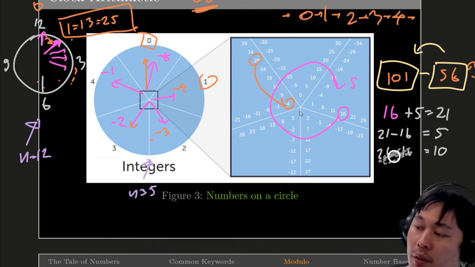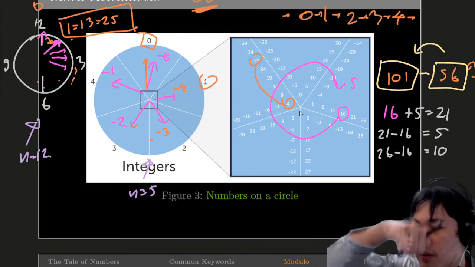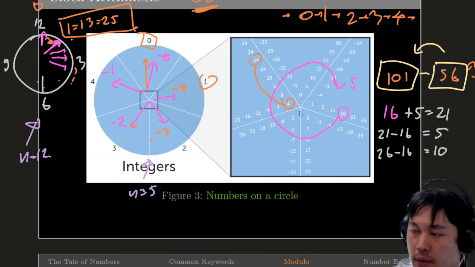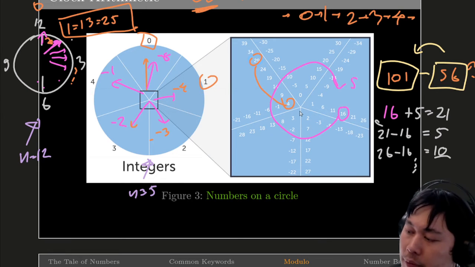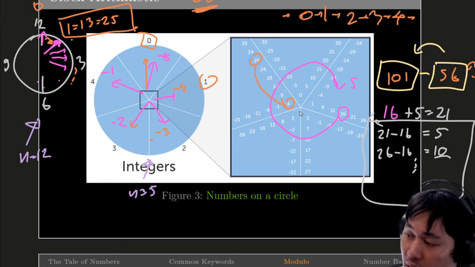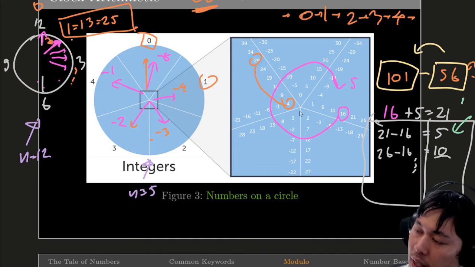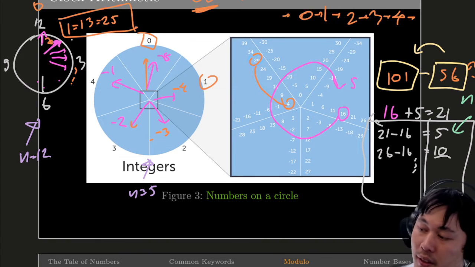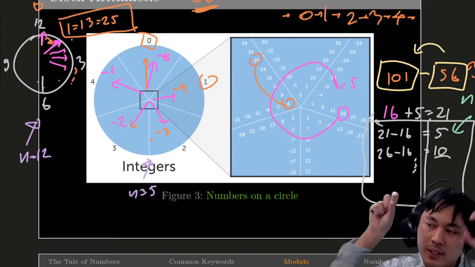So if the difference is 10, you are guaranteed to loop around 2 times and go back to the same section, and so on and so forth. So this is the idea behind the divisibility. And you can see that this relates to n.